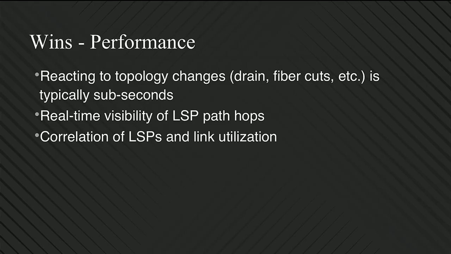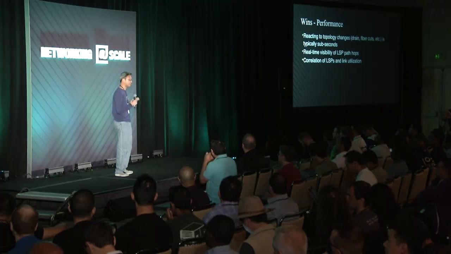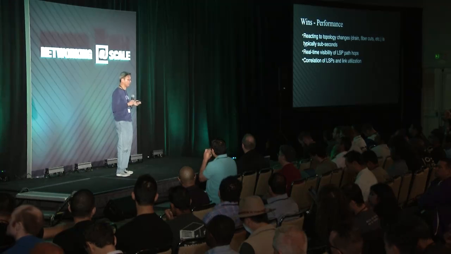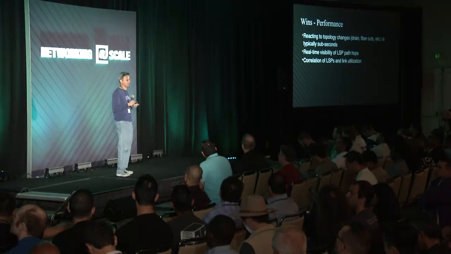We can use this global view of the traffic demand to correlate against the LSP mesh for the network. And we can use these two pieces of information to study the effectiveness of the traffic engineering algorithm. For example, what traffic pattern results in what mesh, and if it doesn't do a good job, we can find out why, and we can try a new algorithm to address it.